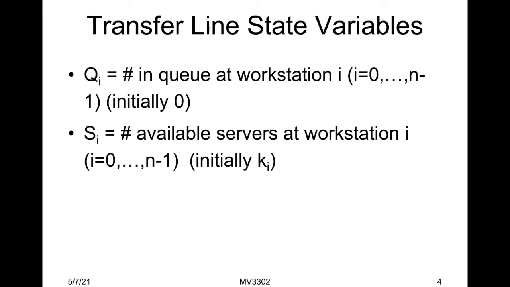If we're interested in the average time that it takes to go through the workstation, again, that's not something we can directly calculate here. Another measure we might be interested in is the average time that a part takes to go all the way through the workstation. Again, that's not something we can directly calculate.